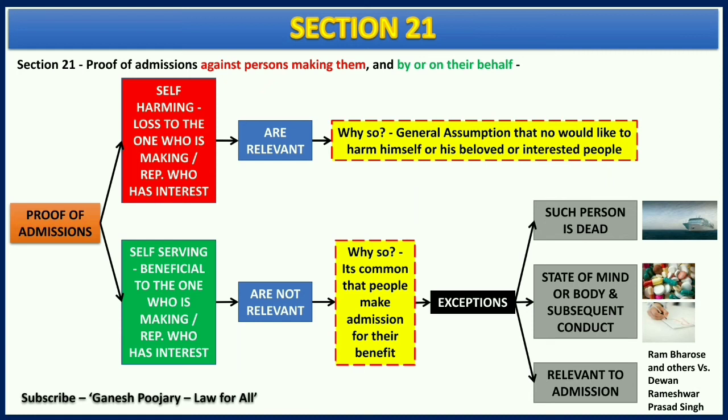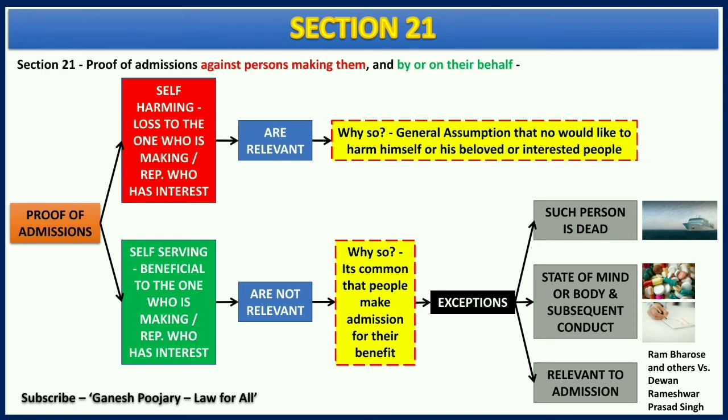Now, the only thing that we need to remember when it comes to self-harming admissions, the admissions which are made against the person who is making them, is that they are relevant admissions just because it is a general assumption that no one would harm themselves or the people who belong to them or interested people. That is with self-harming admissions.